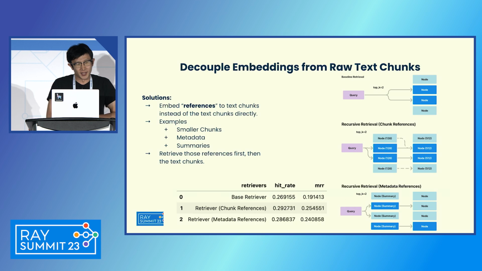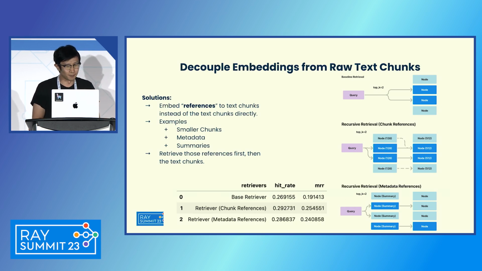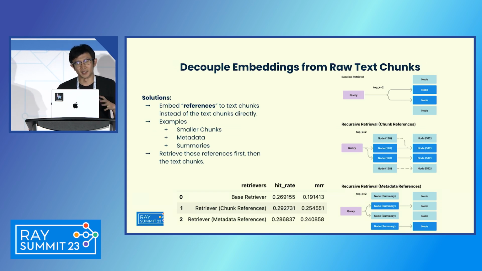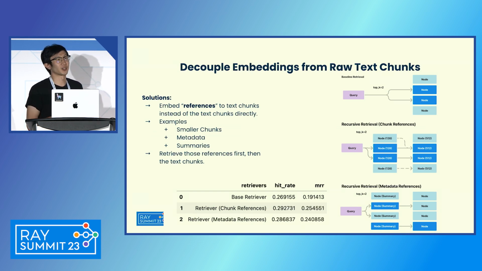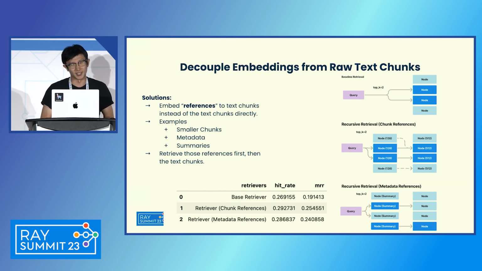Another general idea that I think has worked well for us, but I urge all of you to give it a try and let us know your feedback, is to try embedding a reference to the actual text chunk instead of the text chunk directly. Examples of references could be literally anything, but the idea, in the spirit of decoupling embeddings from retrieval and synthesis, is that it could be a smaller chunk if your original chunk is very big.